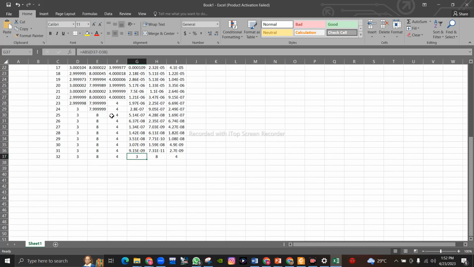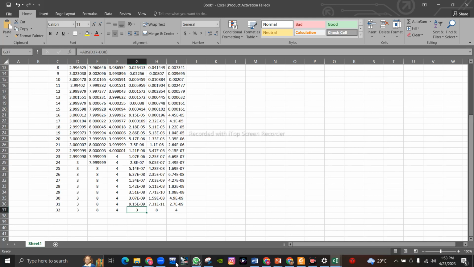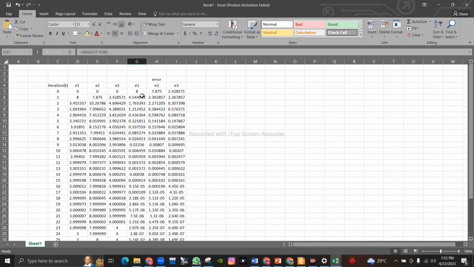I don't want it to get to that. It's not meant to get to D38. Am I having that error even if I'm using D5, D6, this minus this, this minus this?